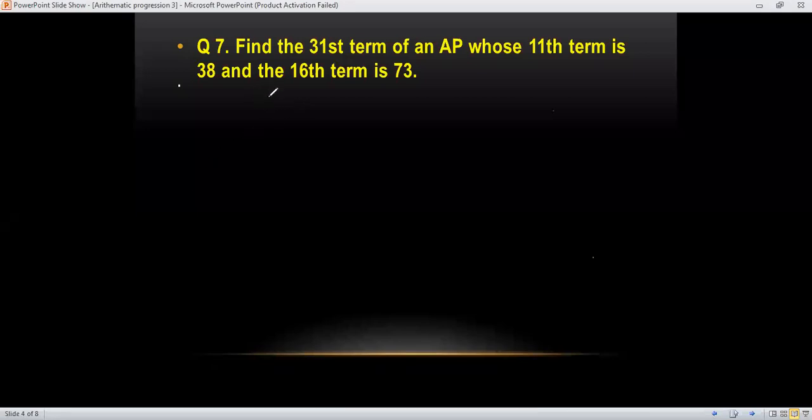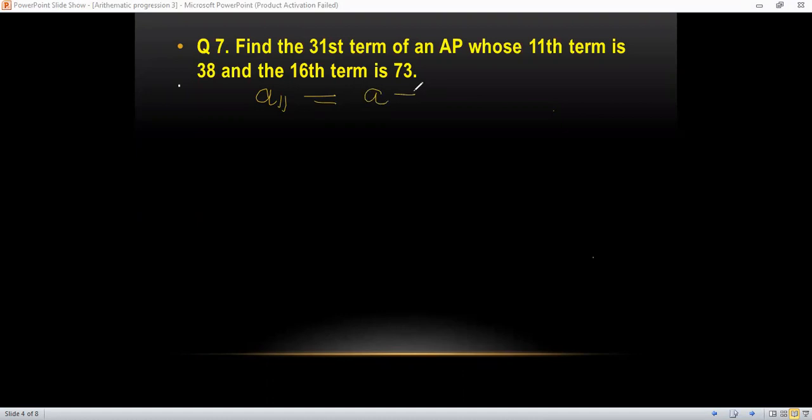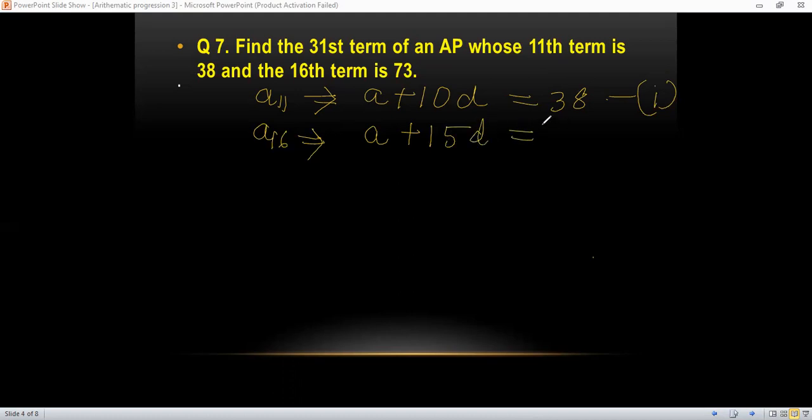As you know, A11 will be A plus 10D, equal to 38. This becomes the first equation. And what will be A16? A plus 15D is equal to 73. This will be the second equation.